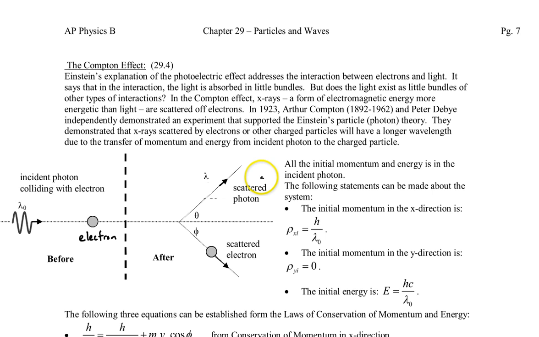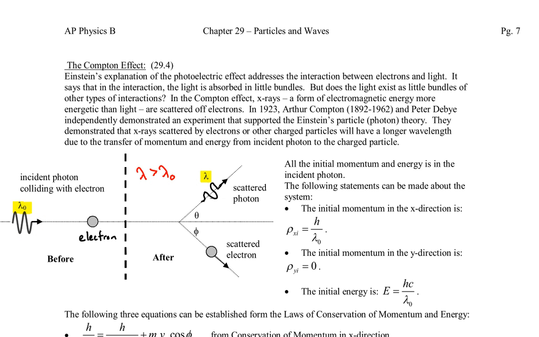The scattered radiation, or should I say scattered photon, basically moves off in this direction with a different wavelength than the incident photon that came in. So the incident wavelength lambda 0 here and the scattered photon wavelength here is different. It shifts. The wavelength of the scattered photon turns out to be greater than the wavelength of the incident photon.